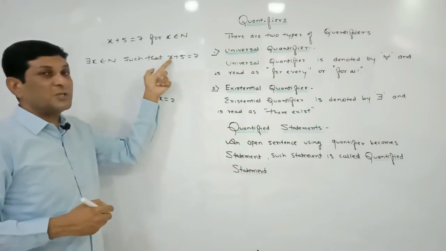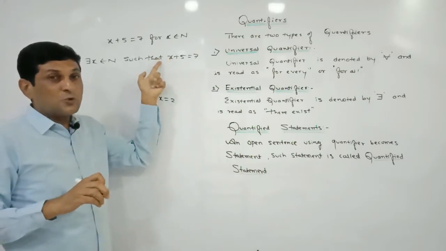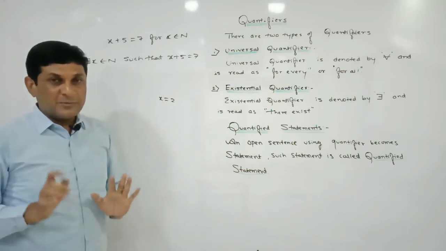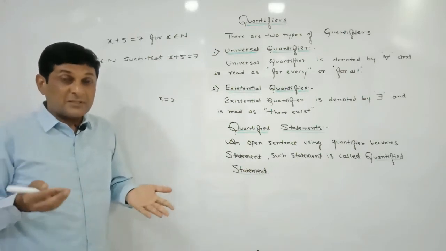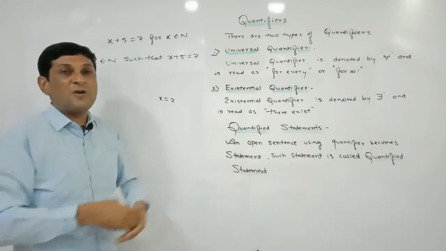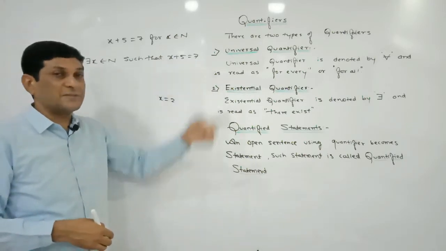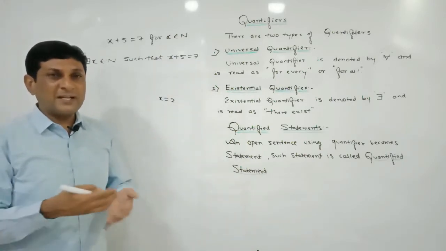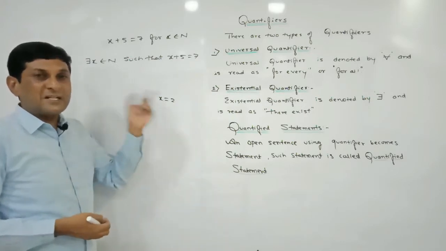Yes, the natural number 2, where 2 plus 5 is equal to 7. So there exists one natural number, 2, which satisfies this condition.